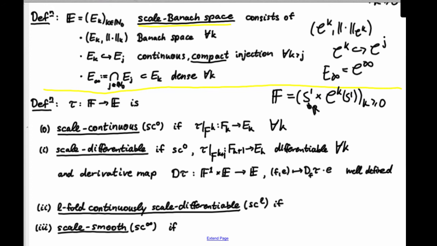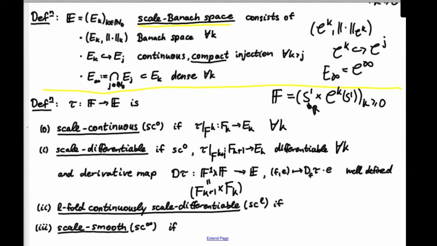F1 times F, haha. So this is the scale structure that is Fk plus 1 in the base and Fk in the fiber. That's similar to my Ck plus 1 times Ck, except with extra copies of S1 in between. And as this map is well defined, that was the observation that we had. And this is now sort of the pointwise differential.